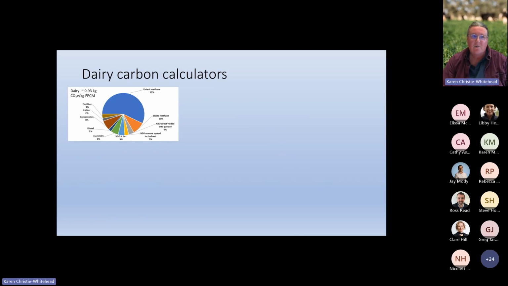The overall average worked out to be about 0.93 kilograms of CO2 equivalent per kilogram of fat and protein corrected milk. And as an aside, fat and protein corrected milk works out around about a litre. It takes into consideration the fat and protein of the milk to even those two components out.